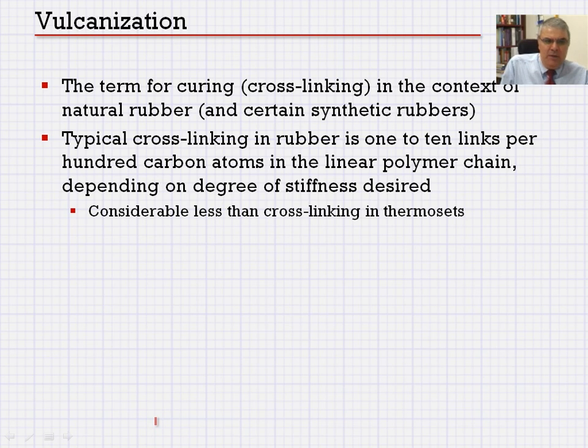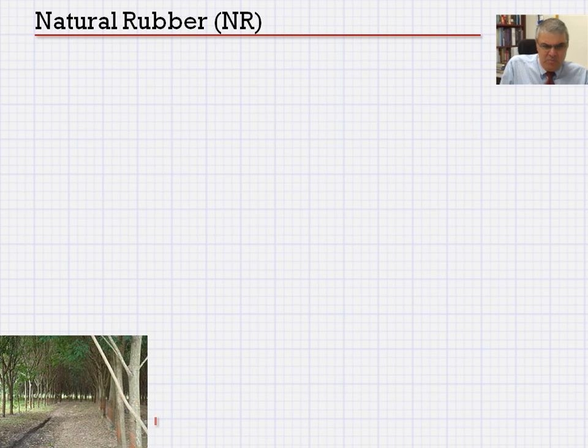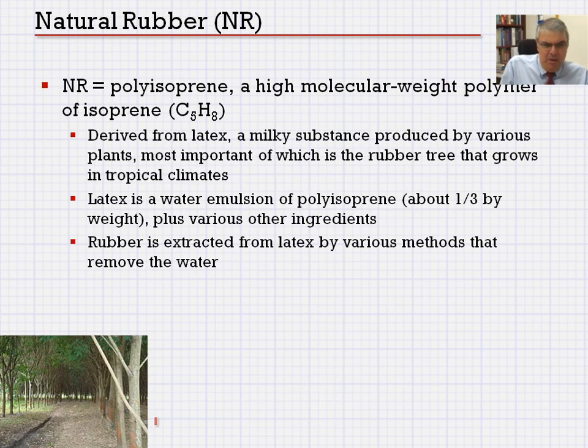This depends on the degree of desired stiffness. In the case of natural rubber, abbreviated here as NR, it's a high molecular weight polymer, C5H8.